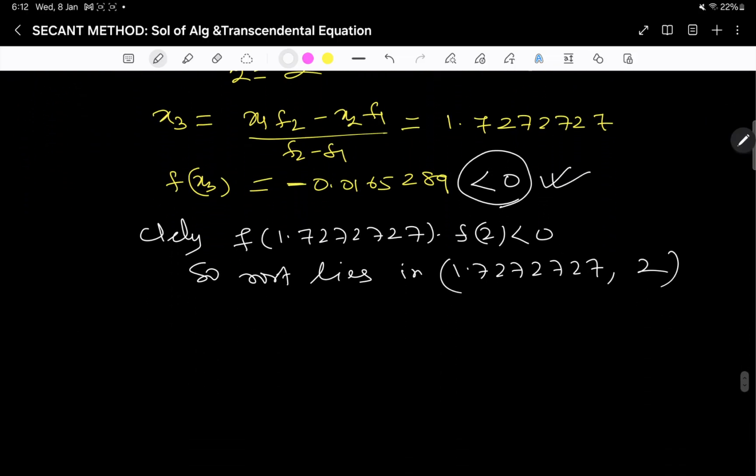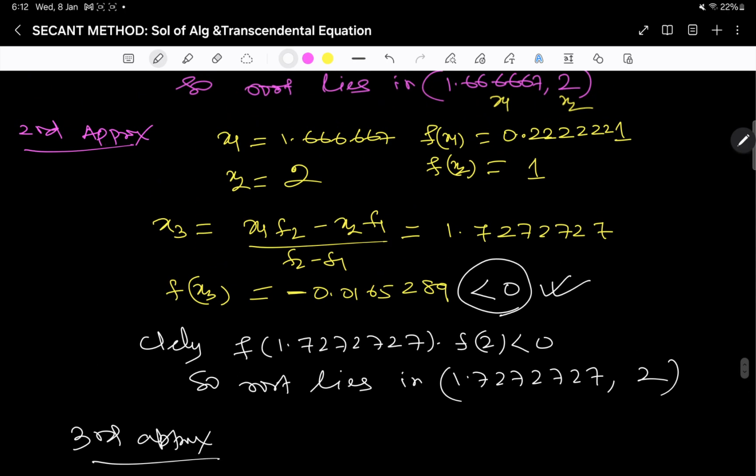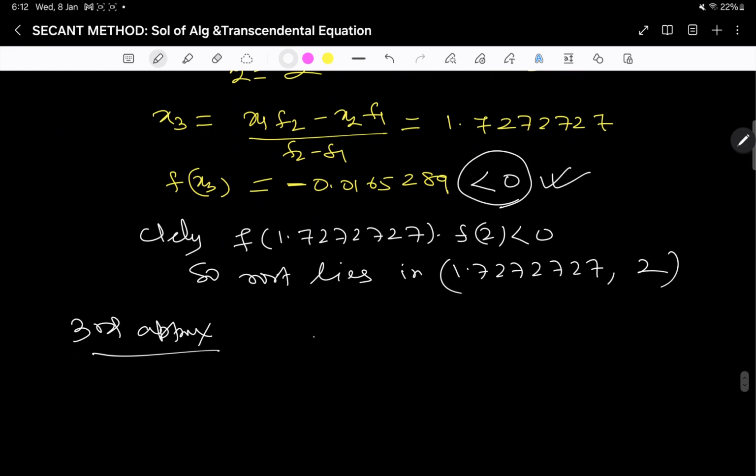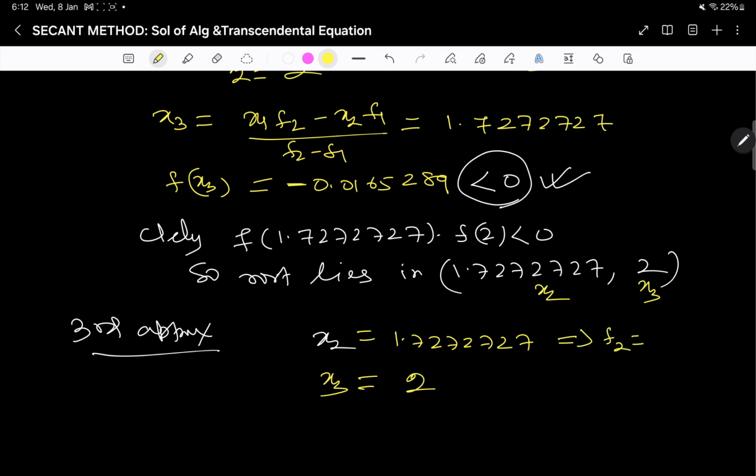Now coming to the third approximation, we have x2 and x3. This is my x2 and this is my x3. So my x2 is 1.727227 and my x3 is 2. Accordingly my f2 is minus 0.0165289 and my f3 is 1.